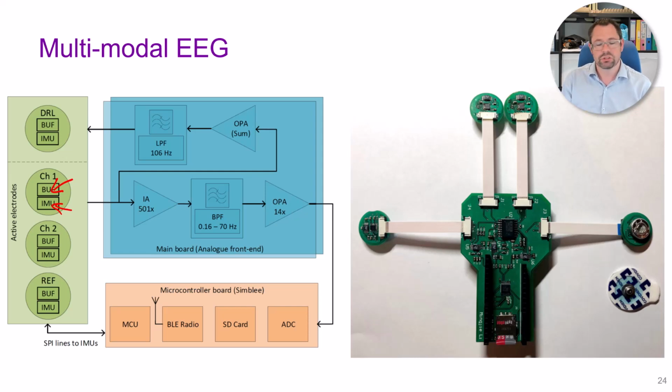Linked to this, of course, is trying to reduce the power consumption, reduce the size, and use the advances in microelectronics that are continuing to happen all around us to make the EEG instrumentation itself smaller, more portable, with better battery life, and so on.